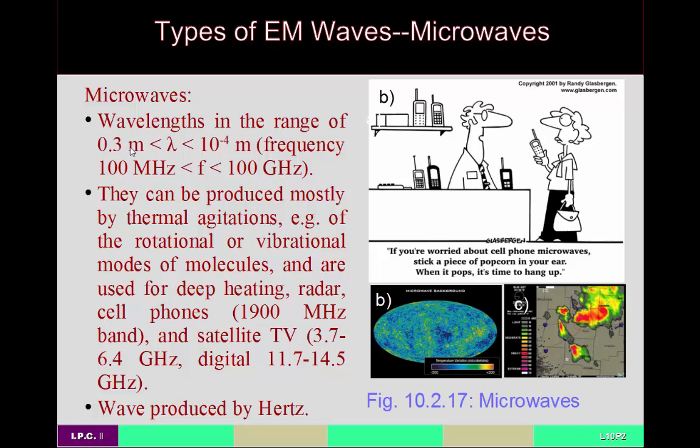So 0.3 meters, notice, is slightly longer than the wavelength that was sort of the minimum wavelength in the radio frequency. So radio frequency and microwave overlap. They overlap wavelength-wise between about 0.3 meters and 0.1 meters.